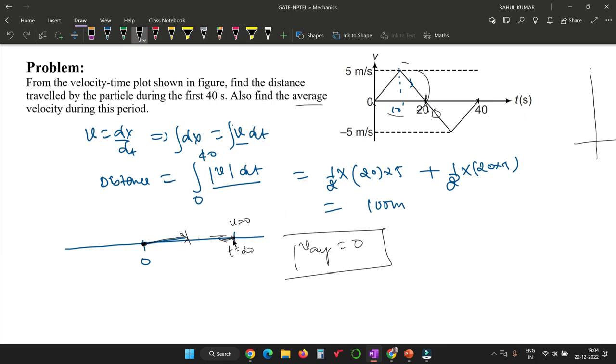At t equal to 20 seconds it becomes 0 here, and you can see that the direction reverses because the velocity is negative here.